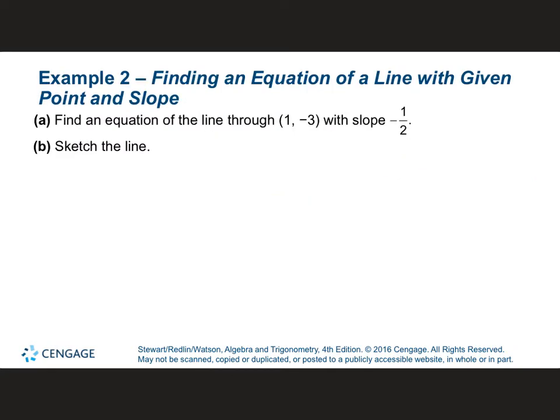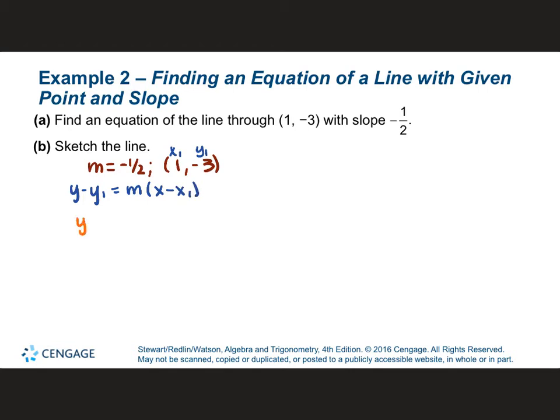For our second example, we are finding the equation of a line through the point 1, -3, and a slope of -1/2. So we have the point 1, -3, and our slope is -1/2. So our x1 is the 1, and our y1 is the -3. We're going to plug it into y minus y1 is equal to m times x minus x1.